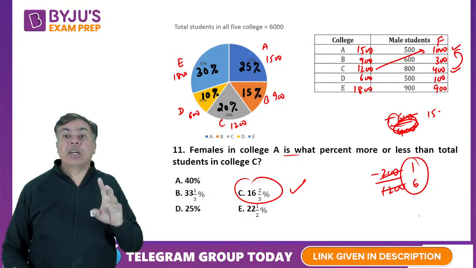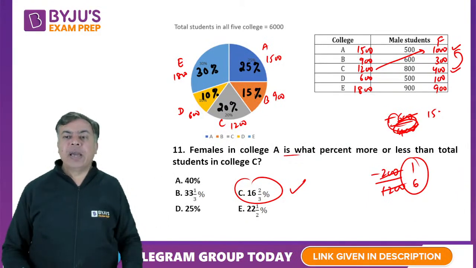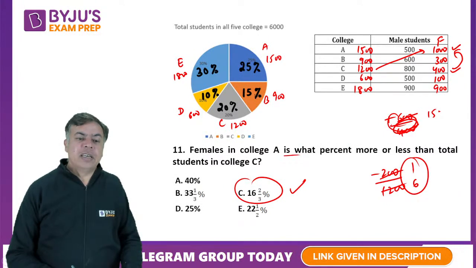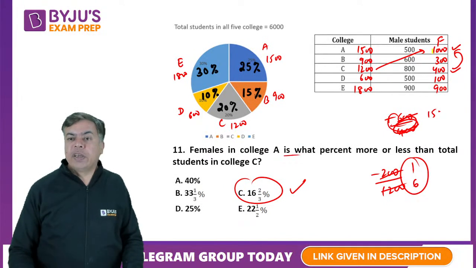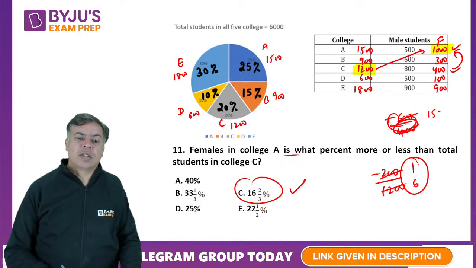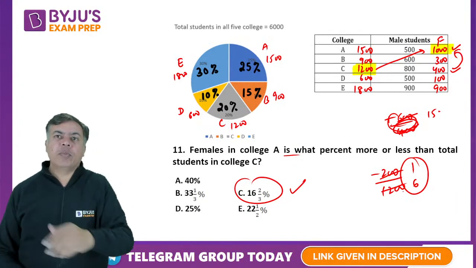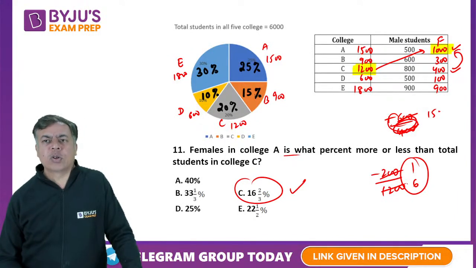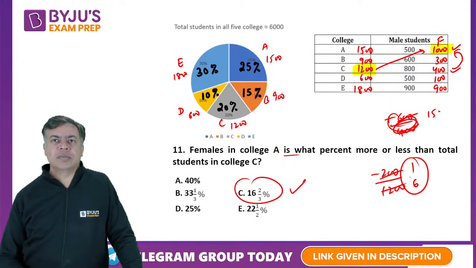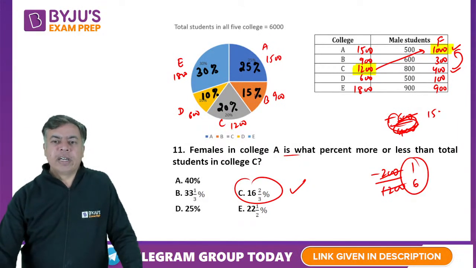He is comparing female in A and the total students in C. Now you can note down whatever values we have written, because you will use these values in further questions and can then answer very easily. So the C option is the correct answer.